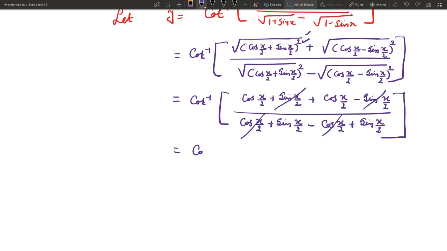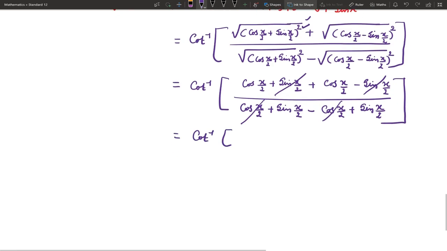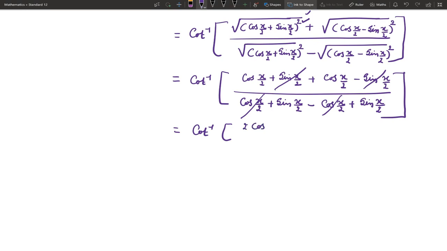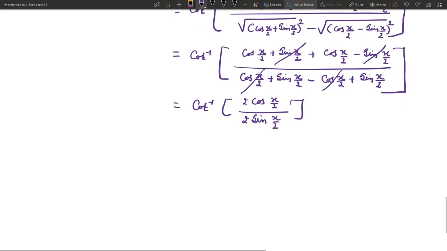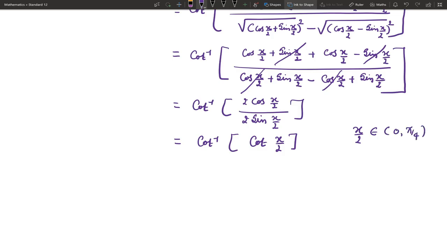If we simplify this, it is cot inverse of 2 cos x by 2 upon 2 sin x by 2. So this is nothing but cot inverse of cot x by 2, and x by 2 belongs to the open interval 0 to pi by 4. You can verify that x by 2 lies in the range of cot inverse.